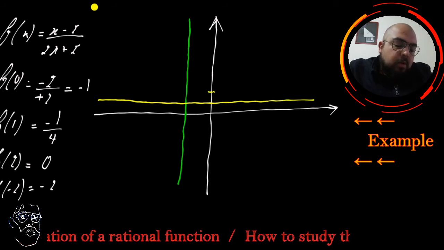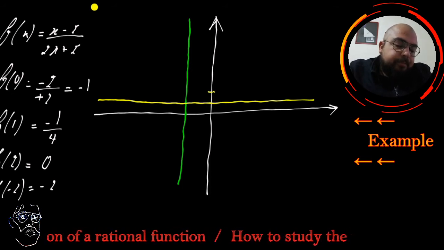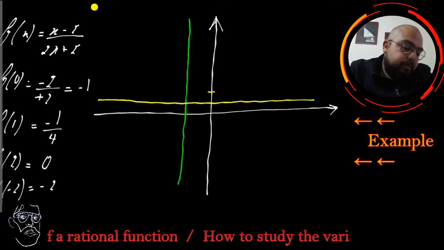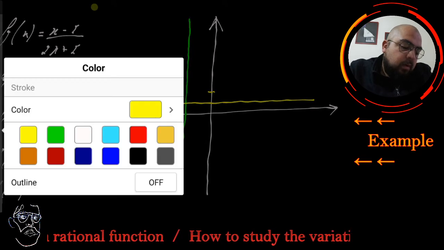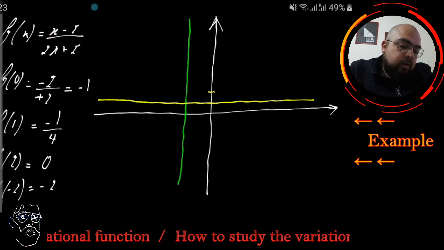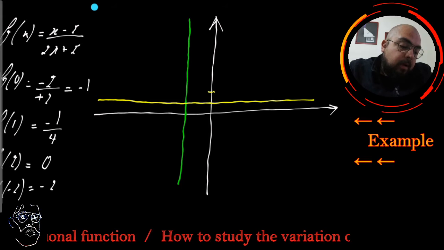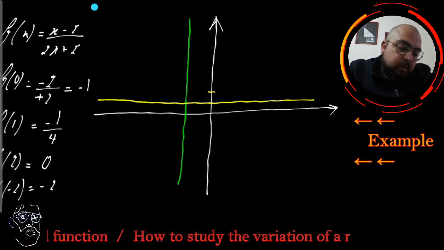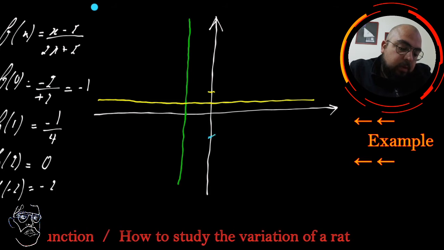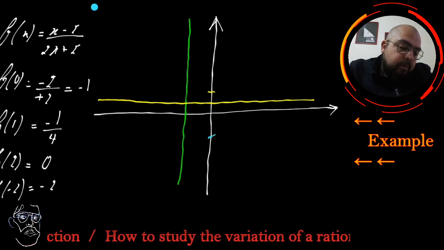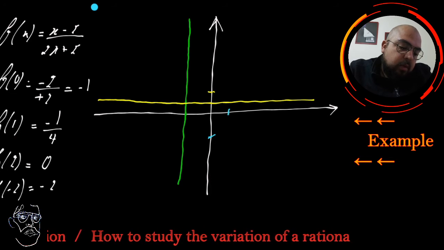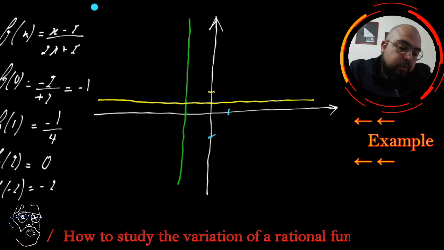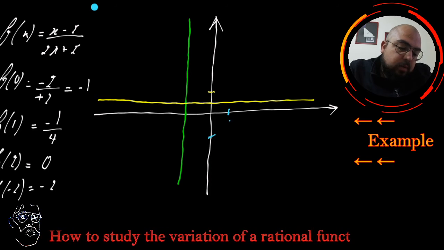Alright, so then I will have to take the values. Let's say f of 0, it's minus 1. It's actually here. F of 1 is 1 over minus 1 over 4, so it's very close to 0.